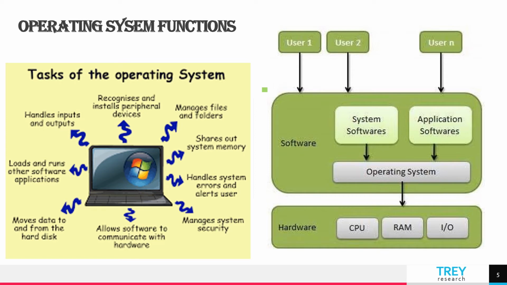This part is an example that can be given, where it handles system errors and alerts users. For example, if you're using a flash disk, you plug it into your computer, and let's say there are viruses in that flash disk.